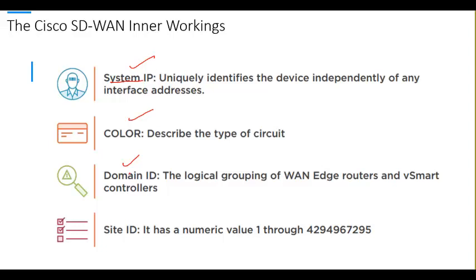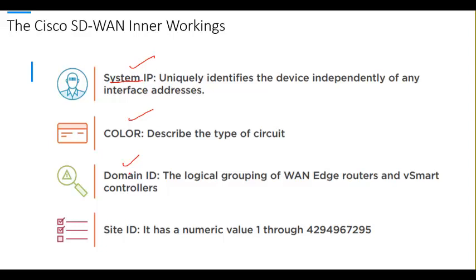So WAN edge router should not talk to some random vSmart. It should talk to its own vSmart in the domain. So within the domain, there is a full synchronization of route information among the vSmart controller and the WAN edge router. So organizations can use the domain to divide its network according to different business unit or other business requirement.